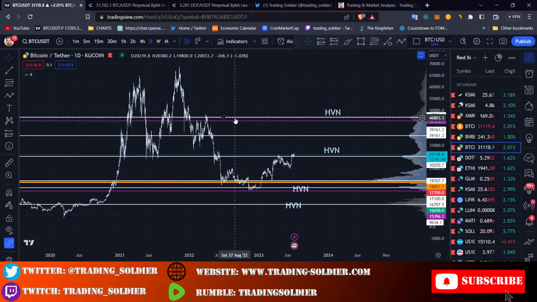So you see that these HVNs coincide with points where the price action in the chart was having areas with high supply and demand points. As you see here again, this HVN that I printed before here.